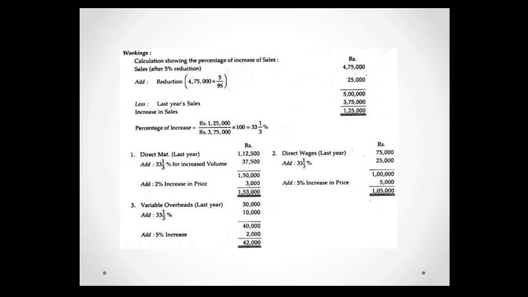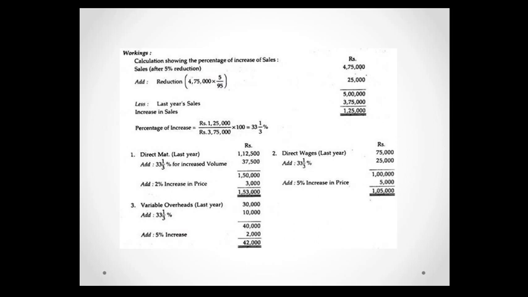Last year direct material is 1 lakh 12,500. When we add 33 1/3%, it comes to 37,500. And there is also a 2% increase in price. We are expecting a direct material price increase of 2%, so it comes to 3,000. So the total direct material cost comes to 1,53,000.